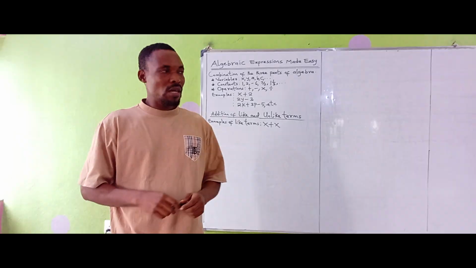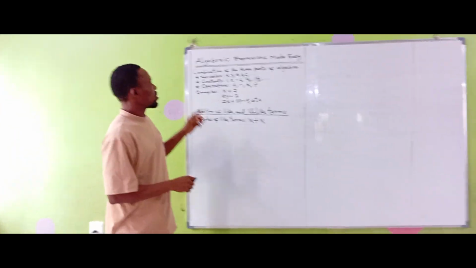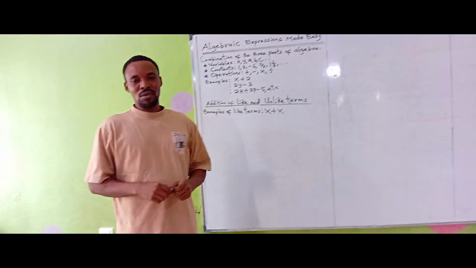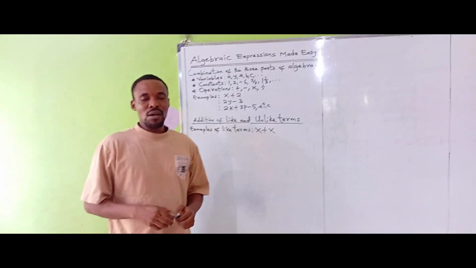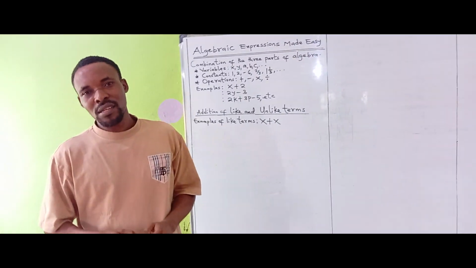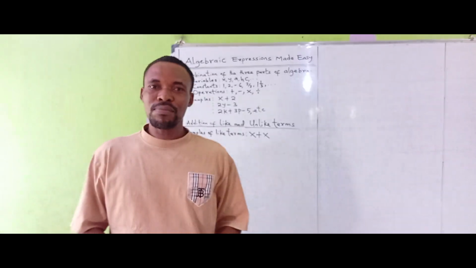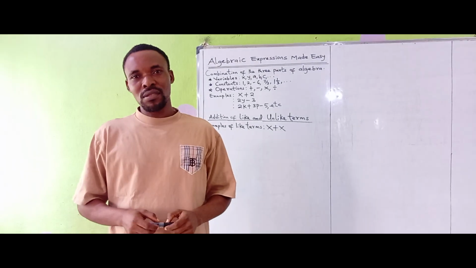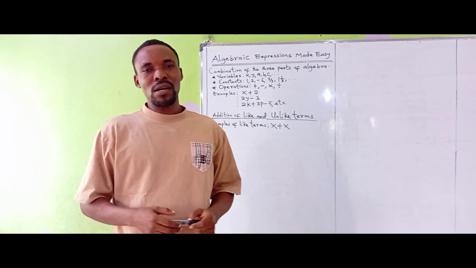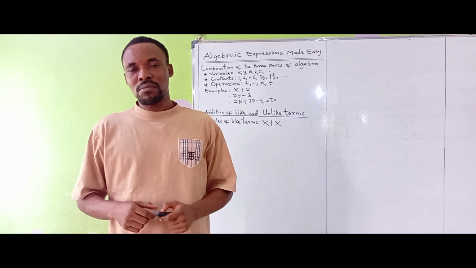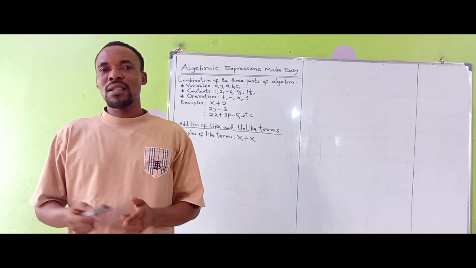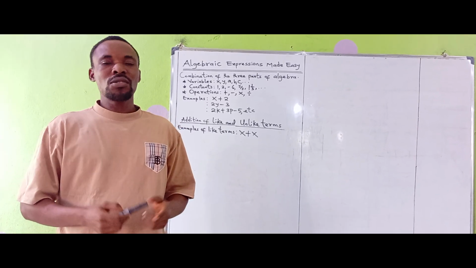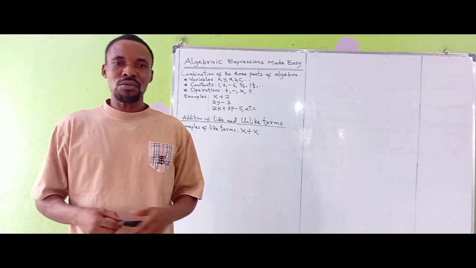Today we'll be looking at algebraic expressions made easy, right? Just a recap of what we did last time. We learned that algebra is a branch of mathematics where letters are used to represent numbers that are not yet known.